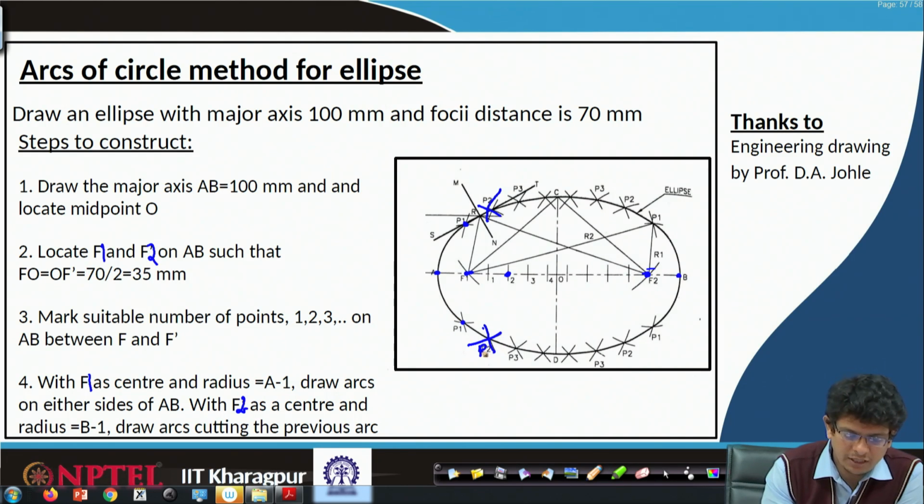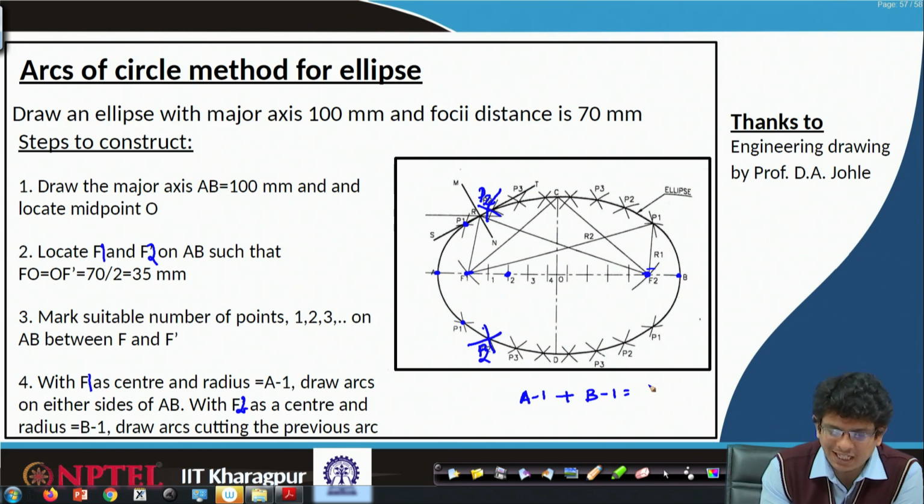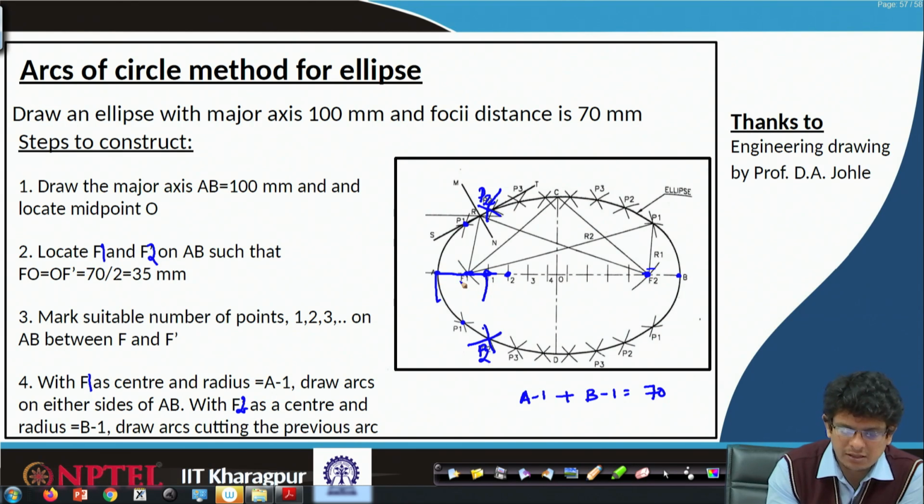Whatever the intersection point, let us call P2 and P2 prime, in such a way that A to 1 distance plus B to 1 distance always gives us the major axis, 100 mm. Let us look at this. This is A1 and B1 is this.